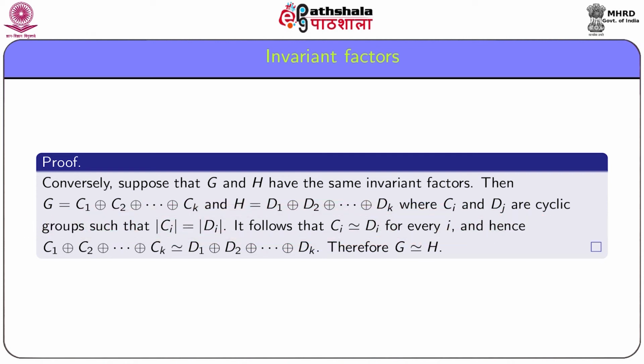Since Ci and Di are cyclic groups having the same order, it follows that Ci is isomorphic to Di for every i, and hence C1 direct sum C2 and so on direct sum Ck is isomorphic to D1 direct sum D2 direct sum so on direct sum Dk, that is G is isomorphic to H.